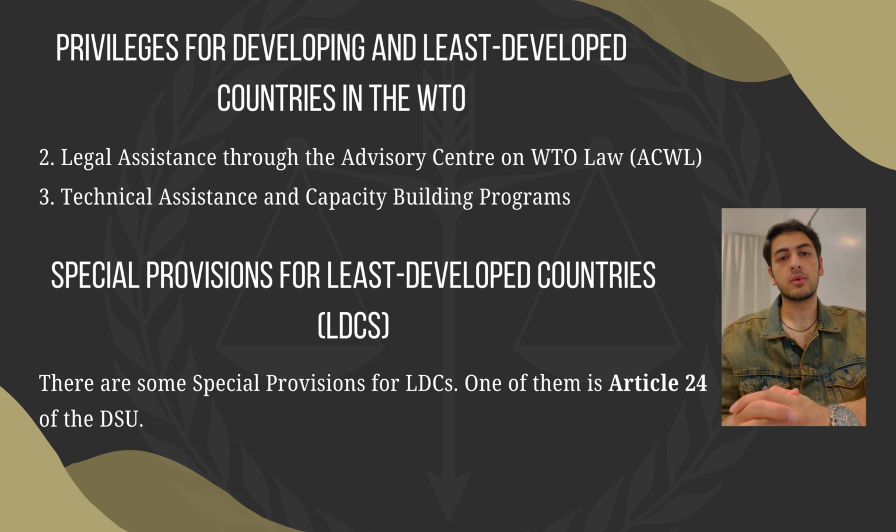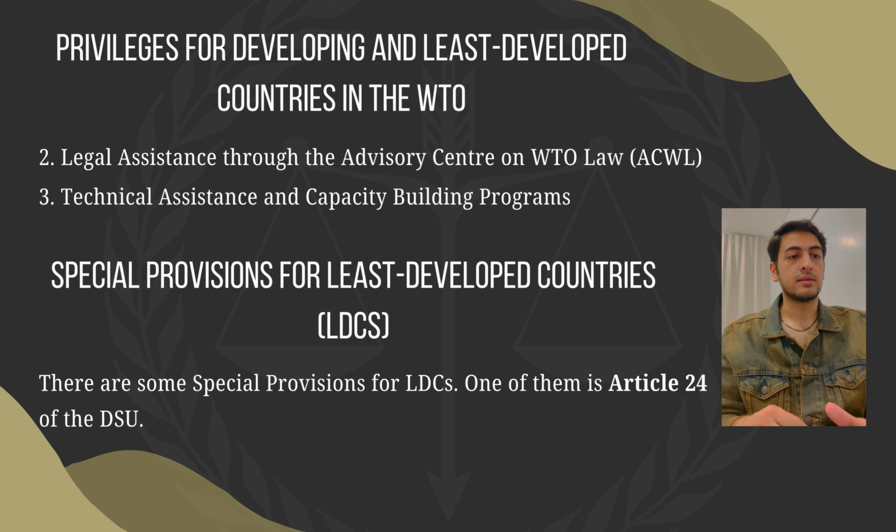Developing and least developed countries often lack the legal expertise needed for complex WTO disputes. The ACWL offers legal support at affordable rates, helping these countries navigate disputes efficiently and ensure their rights are protected.